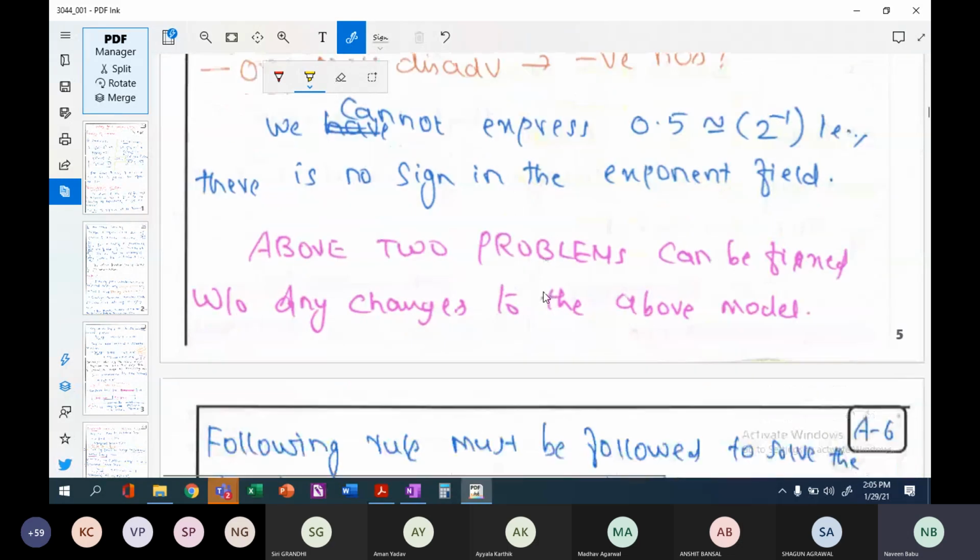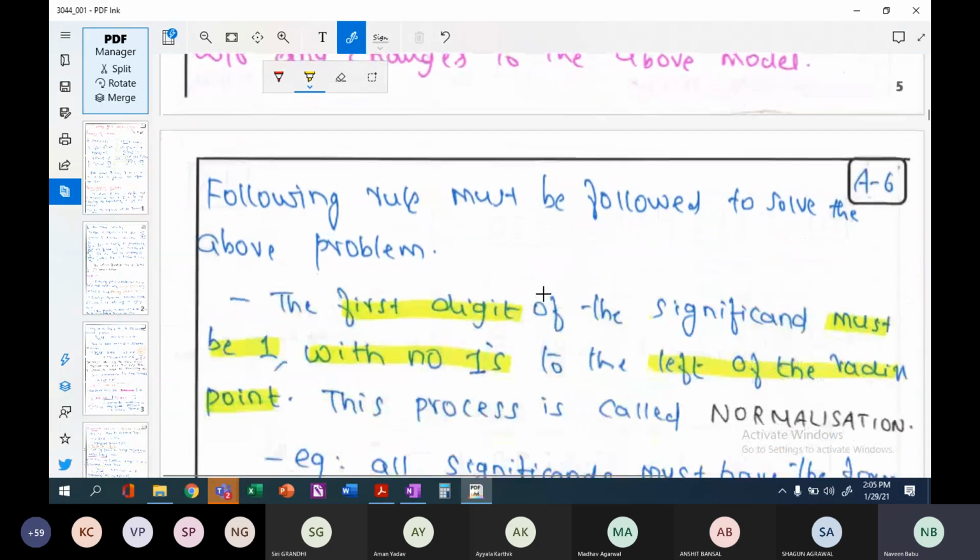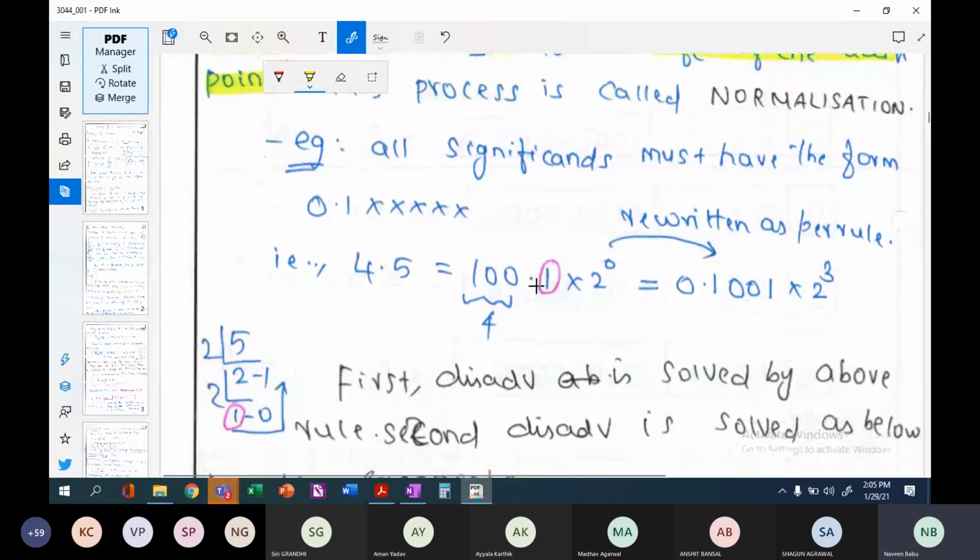In order to avoid the above two problems, a slight normalization was done. What is that particular normalization? Instead of having 0 point something, you have, sorry, 1 point something, you create a rule such that all the numbers will be represented as 0.1 something.